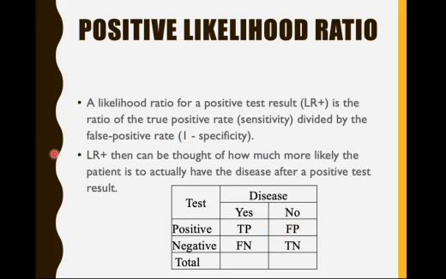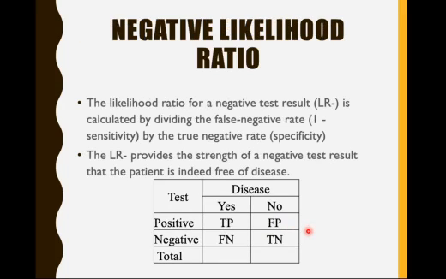But in a likelihood ratio positive, the formula is A divided by B, or true positive divided by false positive. So that's the meaning of likelihood: the likelihood of the disease when the test is positive. The formula is true positive divided by false positive rate.